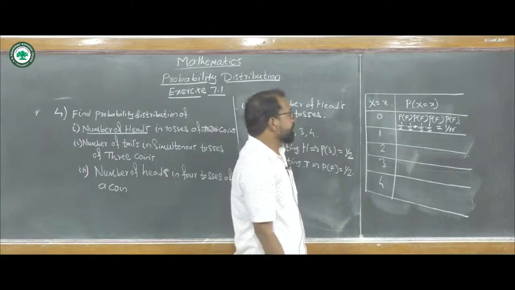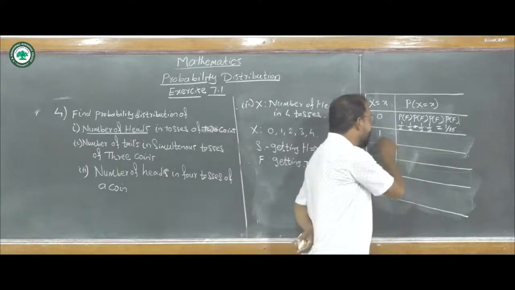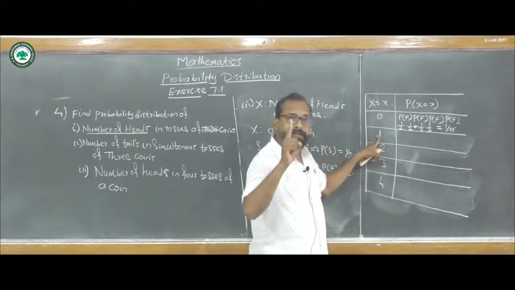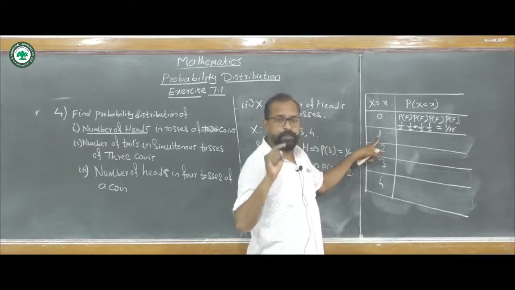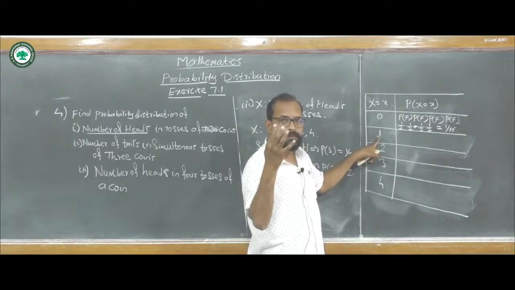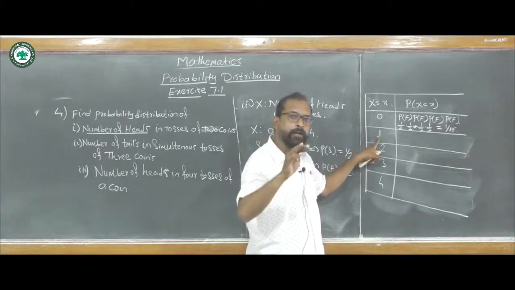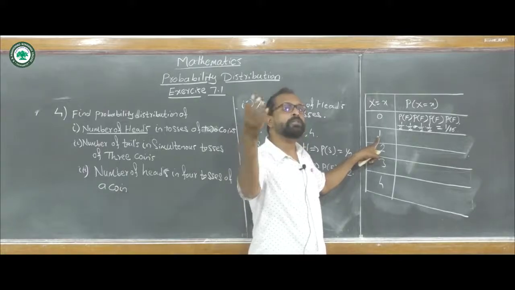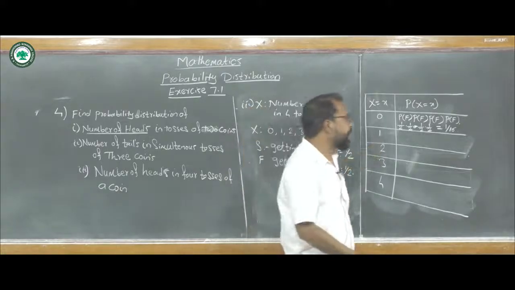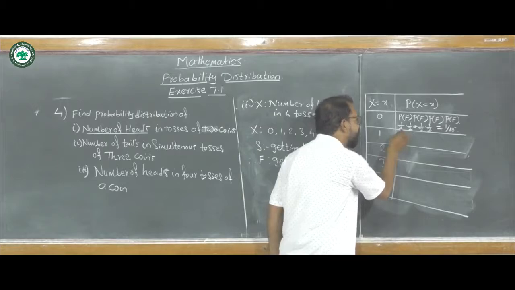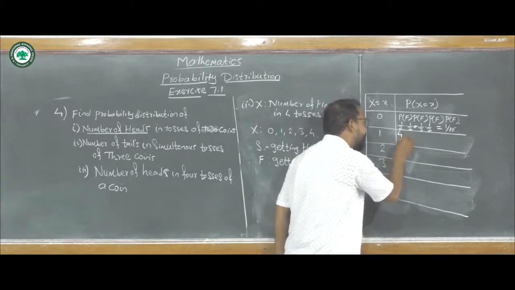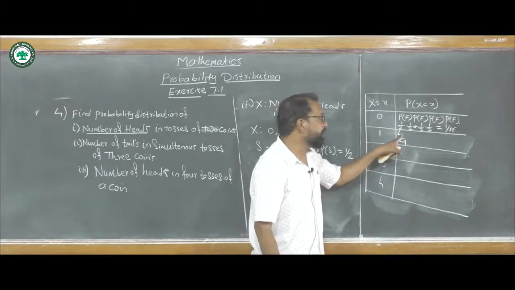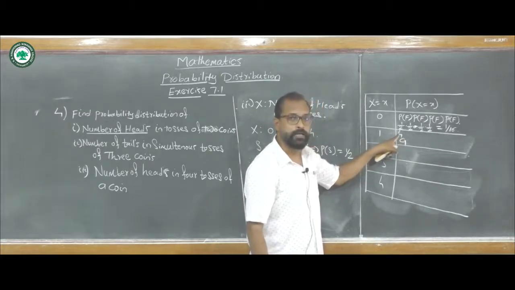Now for getting the value of X equals 1, the value of random variable X is 1. Since we get head in one trial, there are 4 trials, and getting head may be in any one of the trials. So there are 4 alternatives, that is 4C1, getting head in any one of the 4 trials.